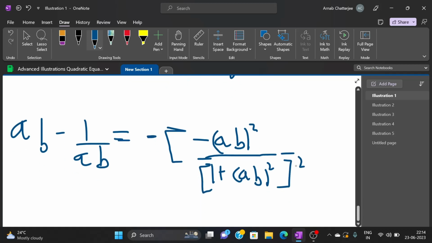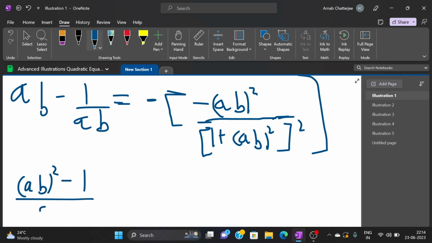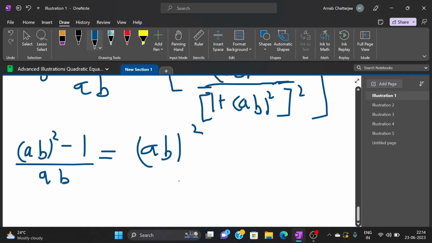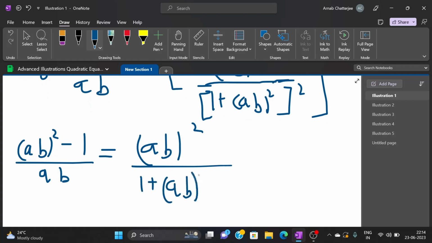So all in all, let us do some more simplifications. So now we have (AB square minus 1) upon AB, and this is equal to (AB) whole square upon 1 plus AB to the power 4 plus 2AB square.